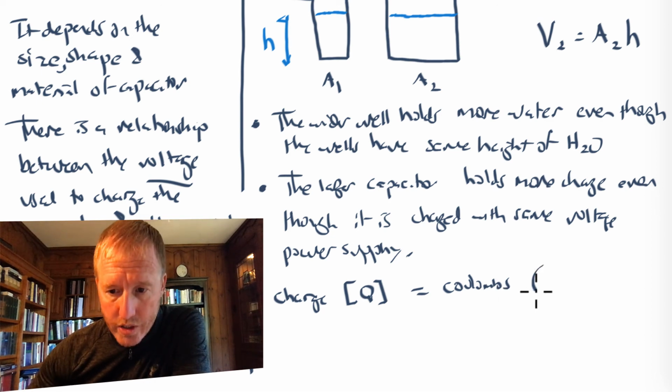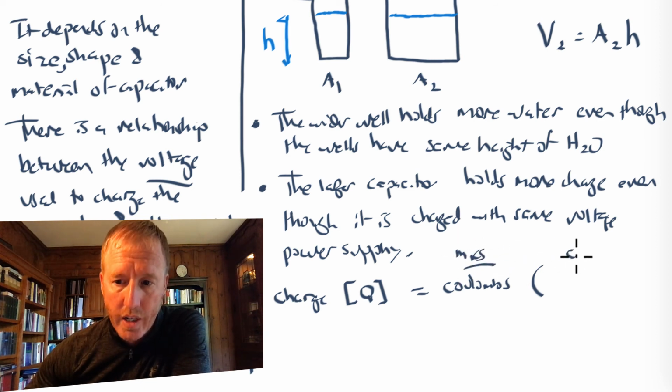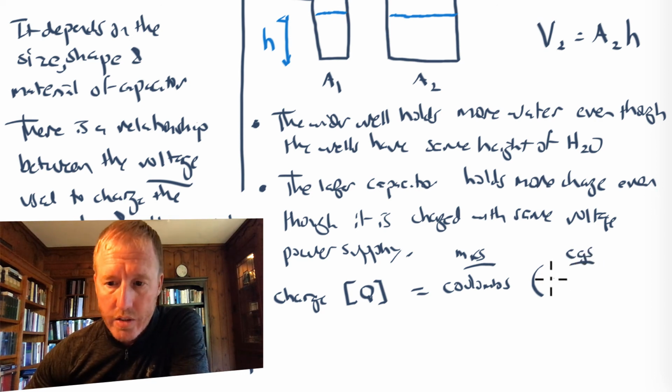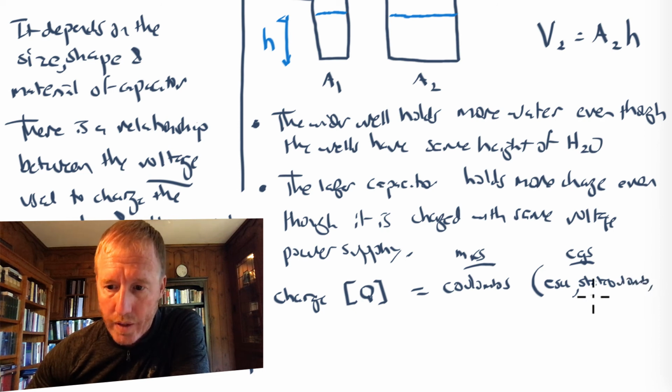By the way, there are other systems of units. This is the MKS system of units, meters, kilograms, seconds. In the CGS, or centimeters, grams, seconds system of units, this is sometimes called the electrostatic unit or the statcoulomb, and also sometimes called the Franklin, interestingly.